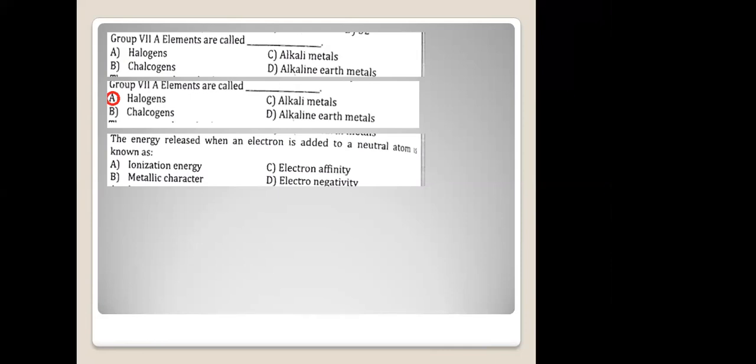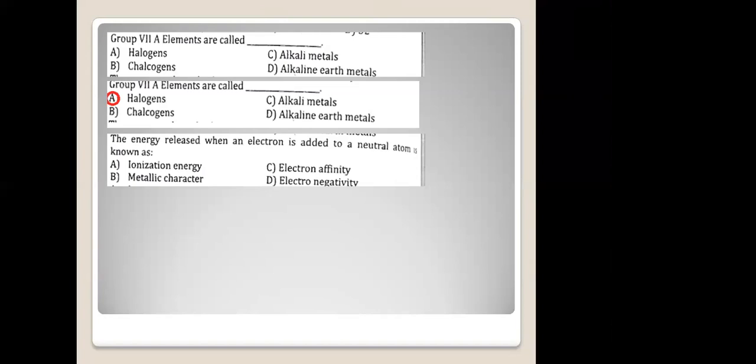I was talking about something very important. What was it? Electronegativity. What is electronegativity? Any atom that has very strong electron attracting power. Okay, what is electron affinity then? Electron affinity is adding electrons.